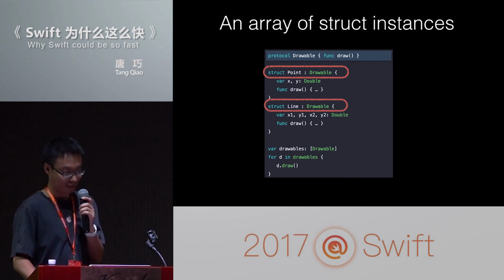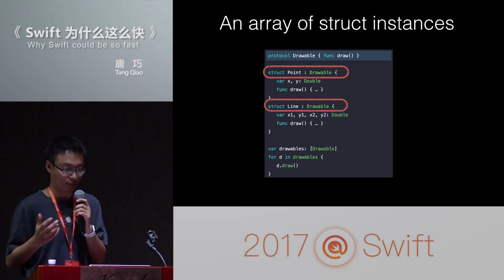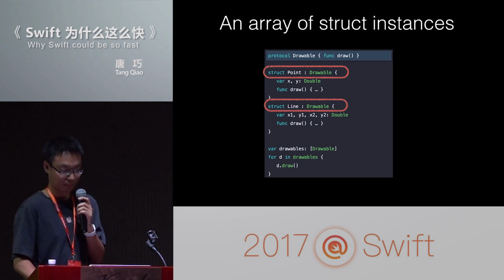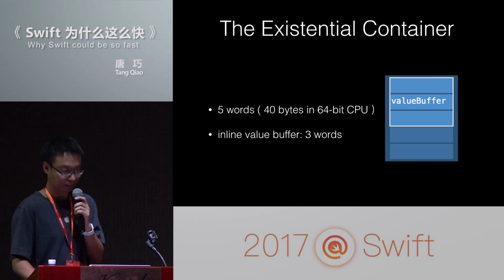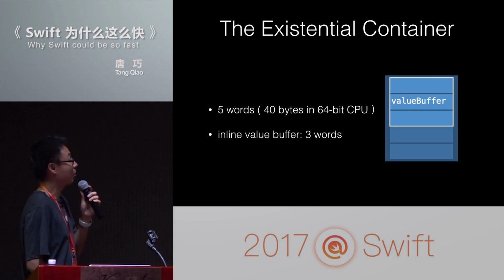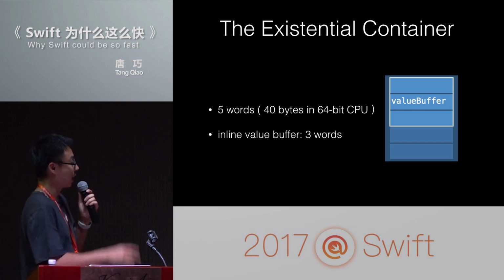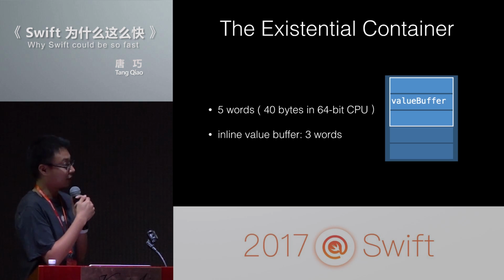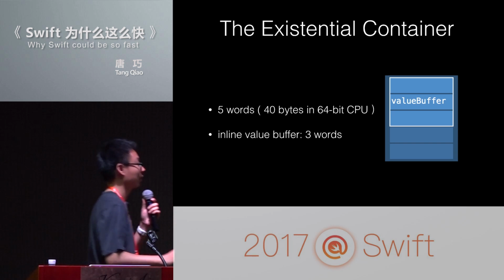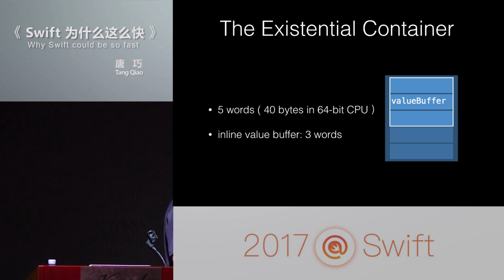So Apple introduced a container and the witness table to solve this problem. Let's go through it. First, Apple introduced a container to store this type of struct. Each container has 5 words, so it's a 5-word size container. And the first 3 words are the value buffer.